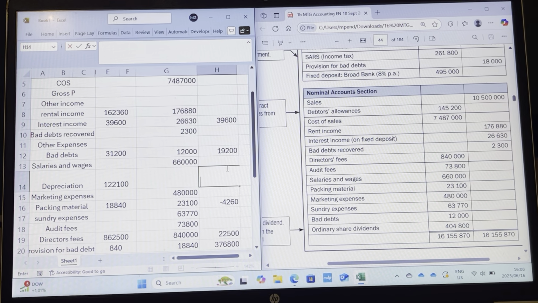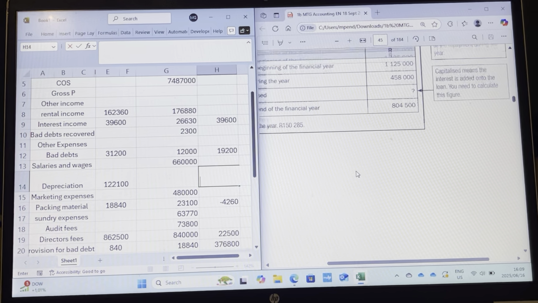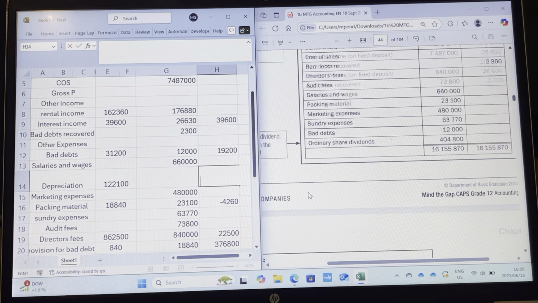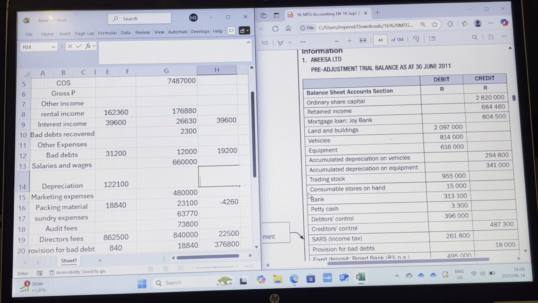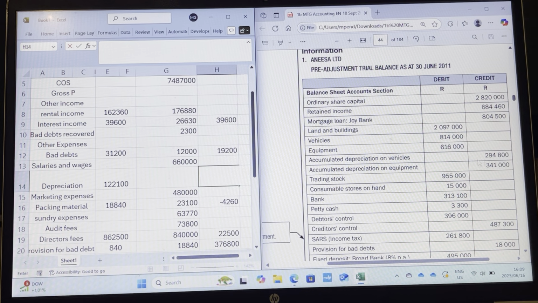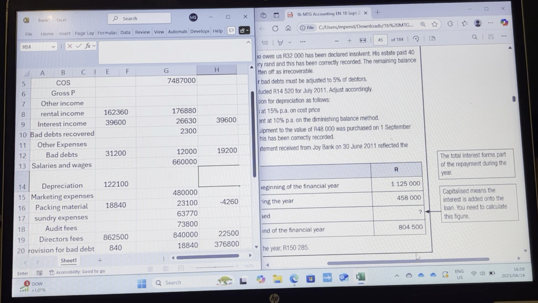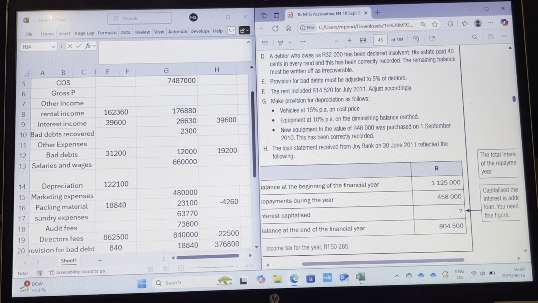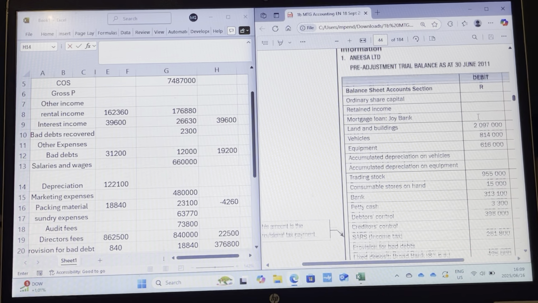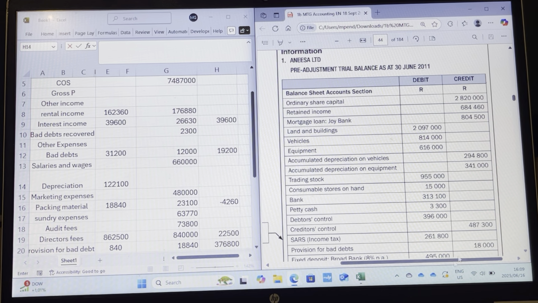Now equipment is on the diminishing balance method and it's at 10% per annum. What are we told about equipment? We have equipment of 616,000 and we bought additional equipment of 48,000, but this was recorded correctly, so it means that this has been included here.